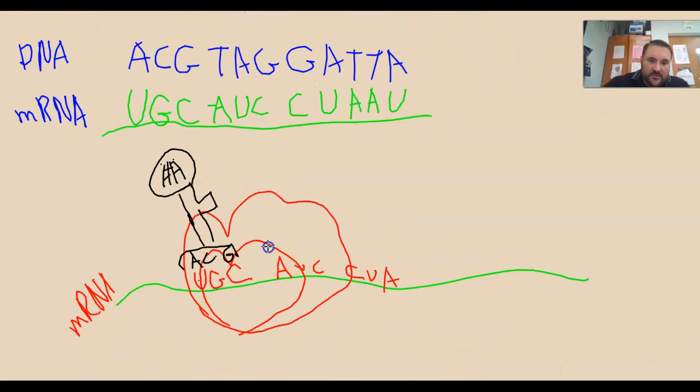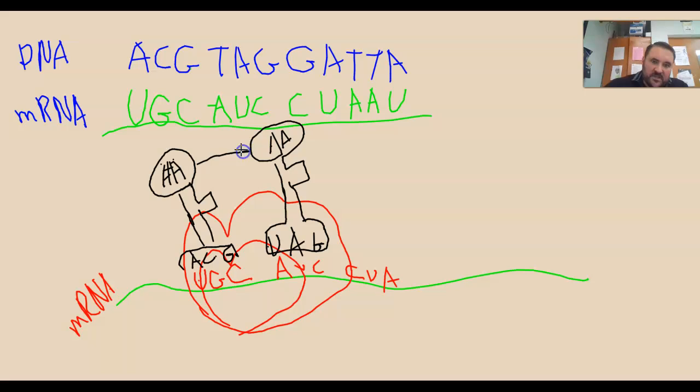So another one would come in, that would be a U, A, G. And it brings in an amino acid. AA in this case represents amino acid.